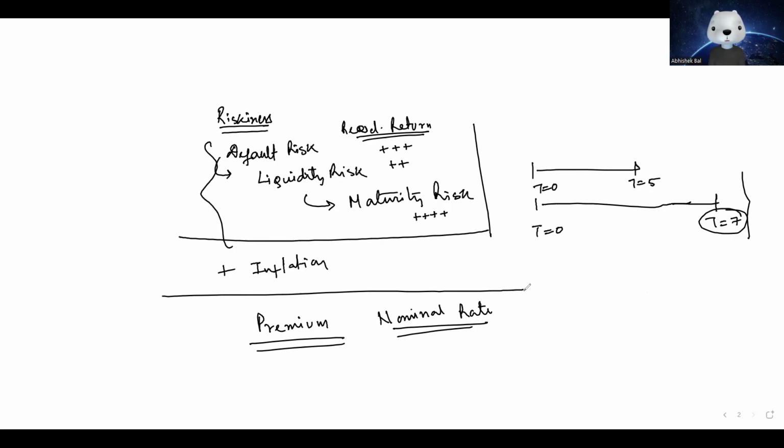So the bank obviously needs to build those premiums into the model. If the loan term is of higher tenor, of course the required rate of return, the pertinent interest rate, will go up. If the liquidity risk of the given security is high, again the required rate of interest will go up. So all of these things are factored in, and that presents what is known as the nominal rate.